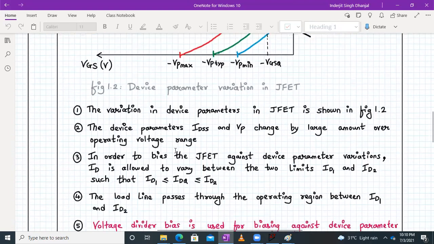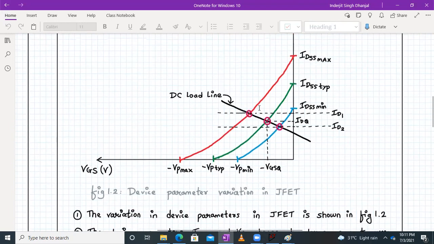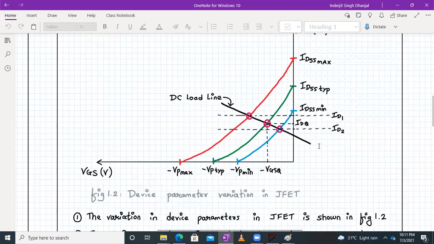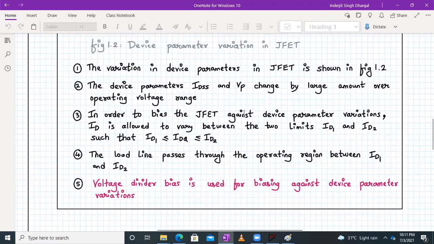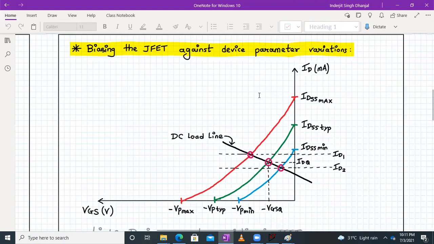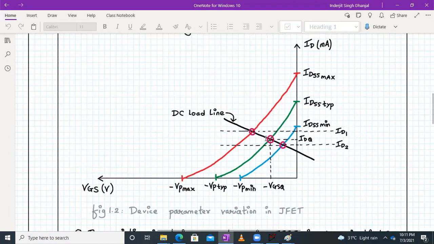Now let us look into details. The device parameters IDSS and VP change by a large amount over the operating voltage range. Their values are given in the data sheet. In order to bias the JFET against the device parameter variation, ID is allowed to vary between two limits, ID1 and ID2. So IDQ should be between ID1 and ID2 as shown here.